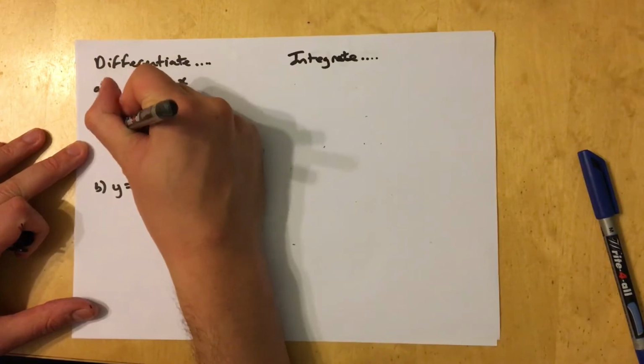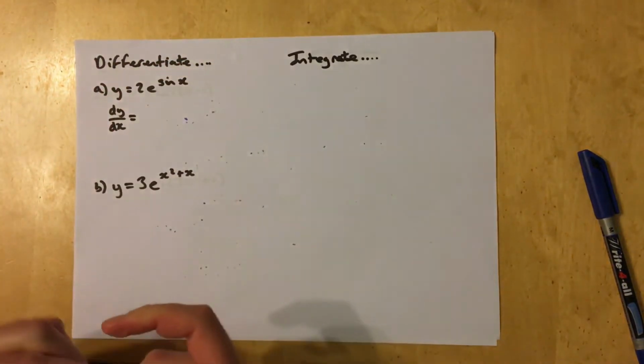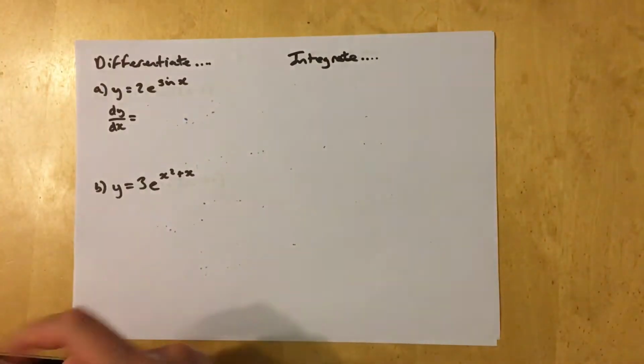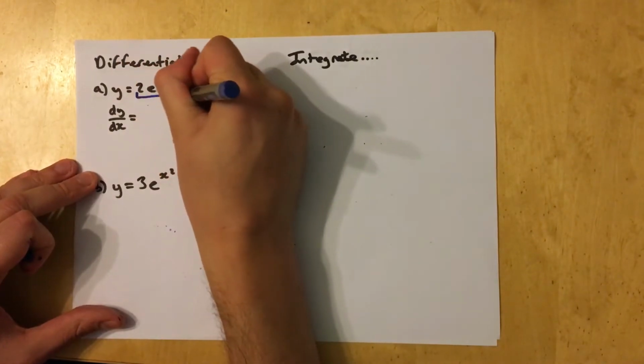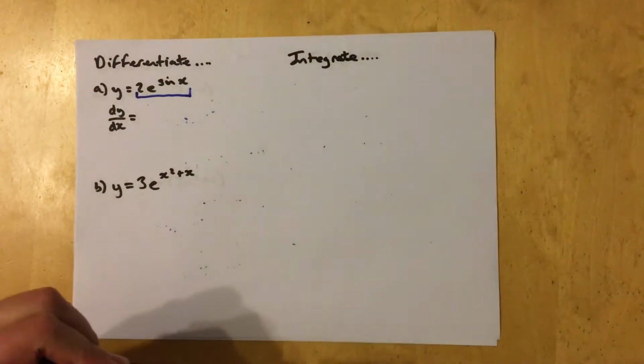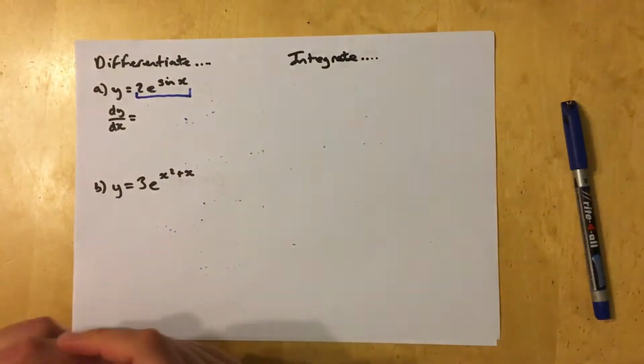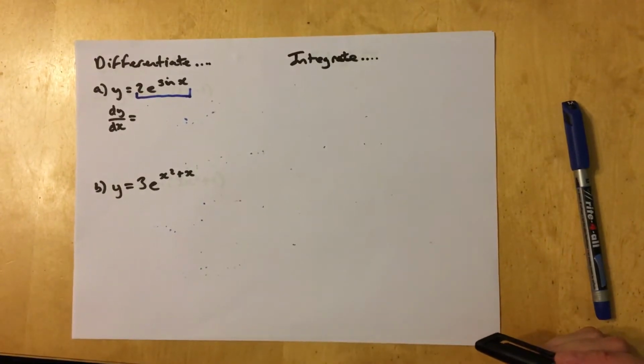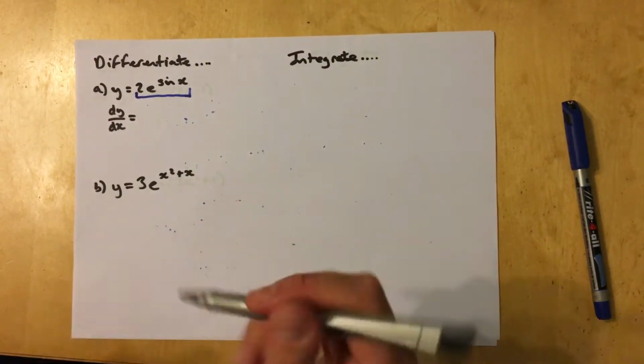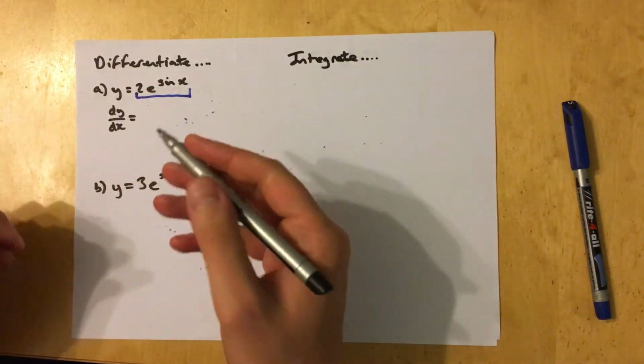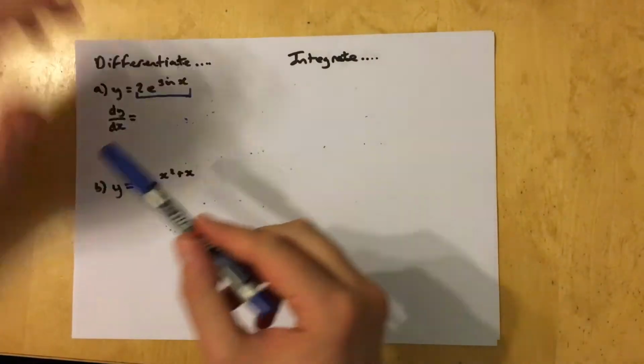So if I want to differentiate that using the chain rule, I've got my big function, which is 2 lots of e to the something. Now we know that the derivative of e to the x is just e to the x, so if I differentiate 2e to the something, it's just going to remain as 2e to that something.